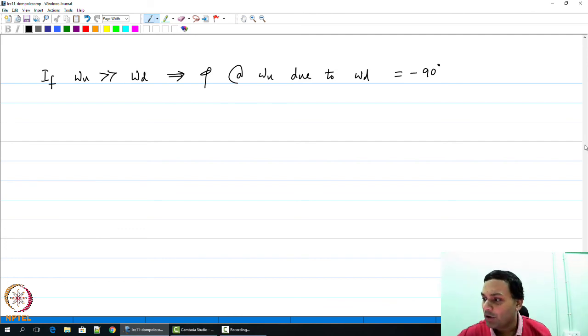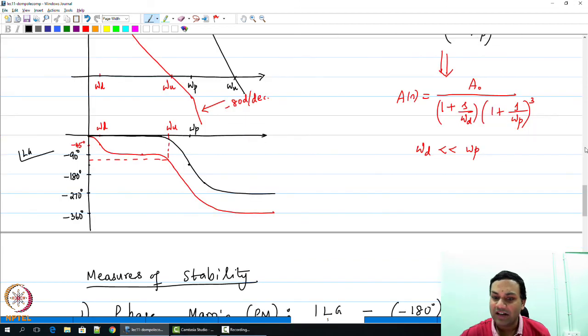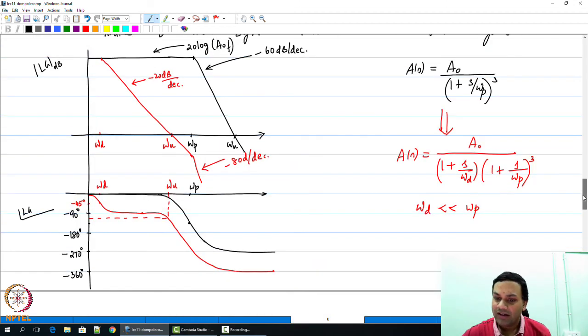Please remember, you can correspond this to the plot that we have drawn earlier. If omega u is much larger than omega d, then the phase due to omega d would be -90 degrees.